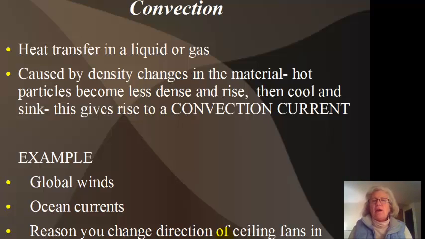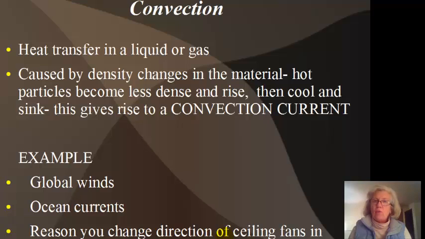So let's say you have a light and it's shining on a certain amount of air. Well, that air will get hot and then rise, become less dense, and then sink, and then it follows through that whole cycle again. So that is a convection current, and that is how heat can transfer in liquids or gases.